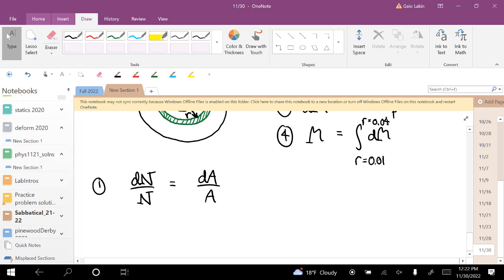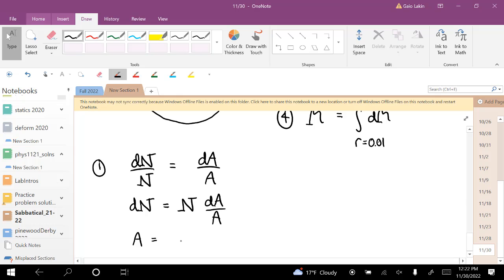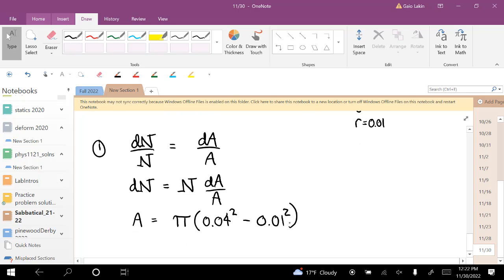So dN is equal to N times dA over A. A is pi times 0.04 squared minus 0.01 squared, the total area in contact with the wall.